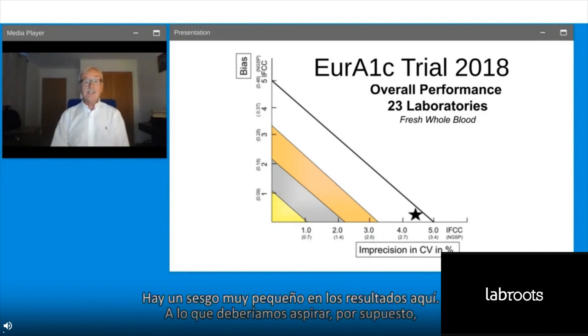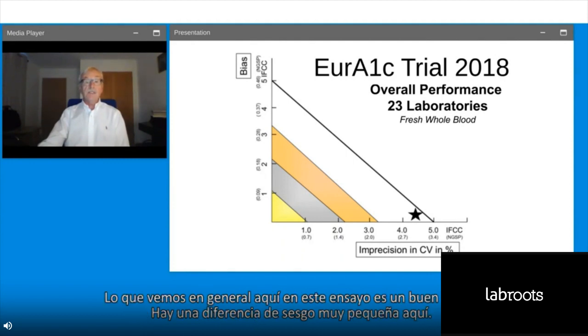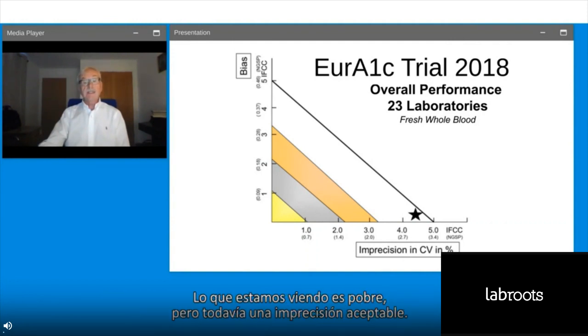There is very small bias in results here. What we should be aiming for, of course, is the bottom left-hand corner here, where little or no bias and no imprecision. What we've seen overall here in this trial is good bias. There's a very small bias difference here.